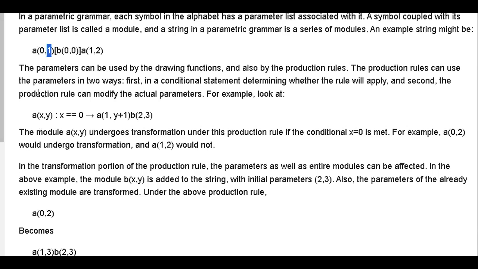Then you can define the production rule like this here. So when you read a word, if you encounter A, and A consists of these parameters, and if you have 0 for x coordinate, then you convert this symbol to this word here.